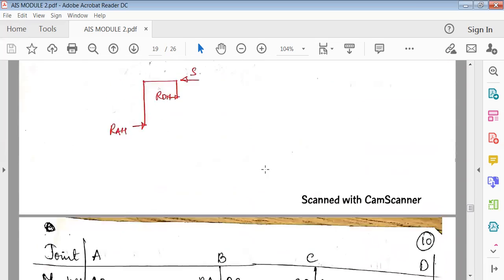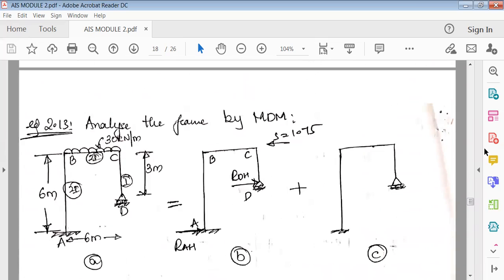So when the sway happens, when the movement of the complete frame happens, the only thing that moves here, see here, A changes to A dash. From A, it moves like this to the right. So B changes from B to B dash.